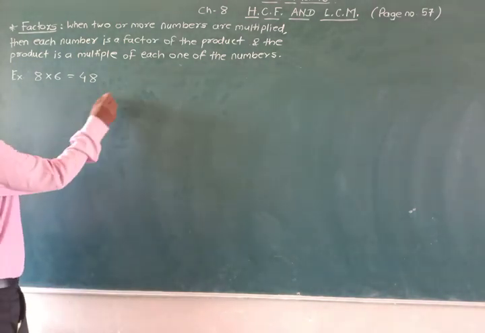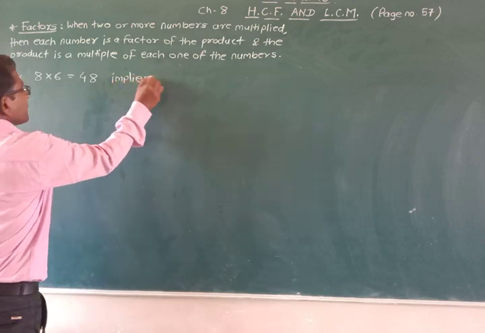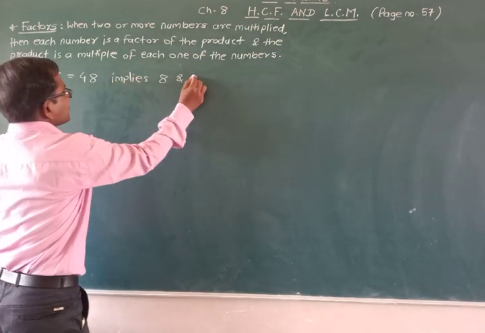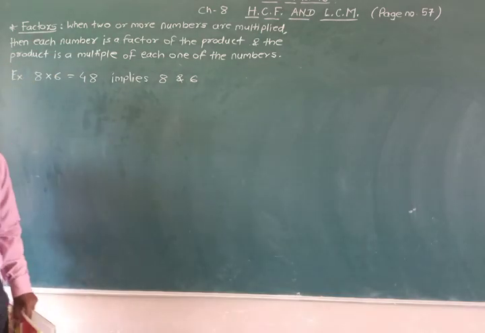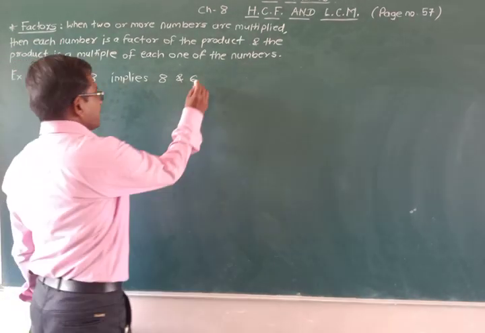8 multiplied by 6 equals 48, which implies 8 and 6 are factors of 48.